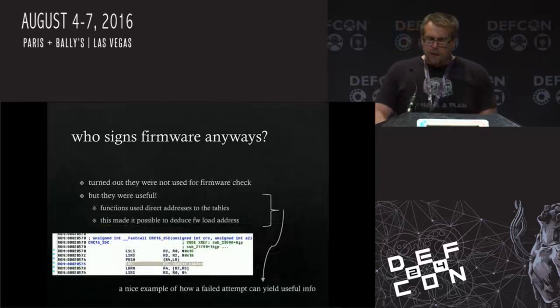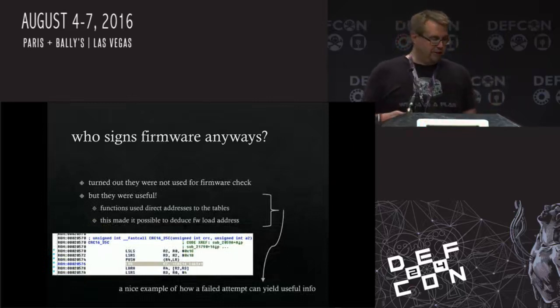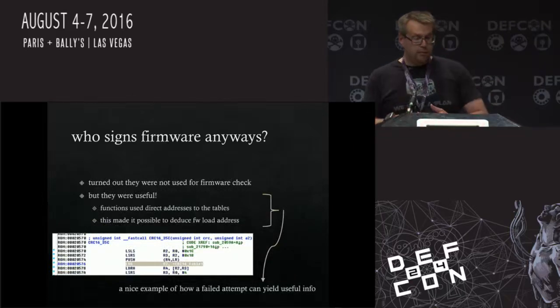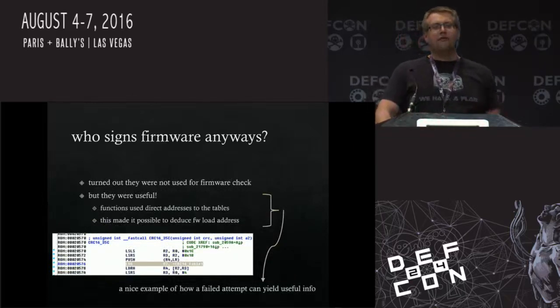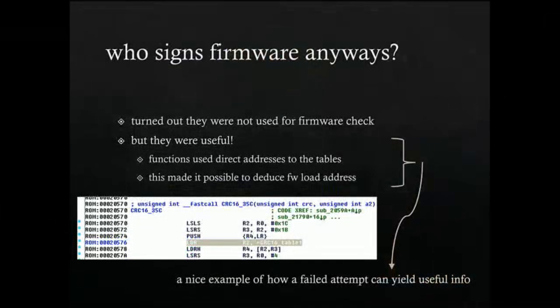But it turned out that these were not used for firmware integrity checking, but finding them was still useful. And I love this about hacking, that there's a lot of scenarios where you go down one road and you expect some result, and you don't get that result, but what you get is still useful.